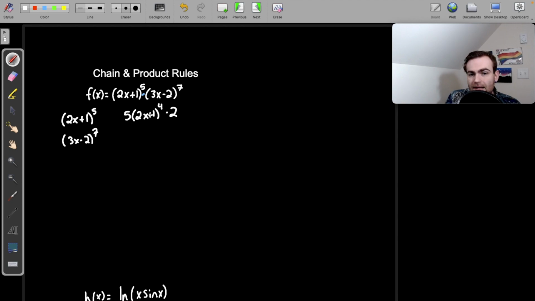I'm going to leave it like that for now. We can clean it up a little bit later. Derivative of this one would be 7, and then we would have the inside staying the same, to the 6th, times the derivative of the inside, which would be 3. And then, as my kids would say, we're going to plus fish it.